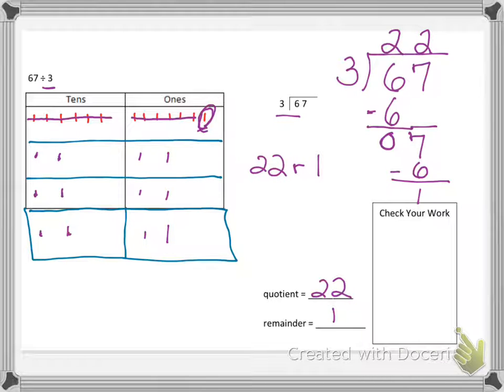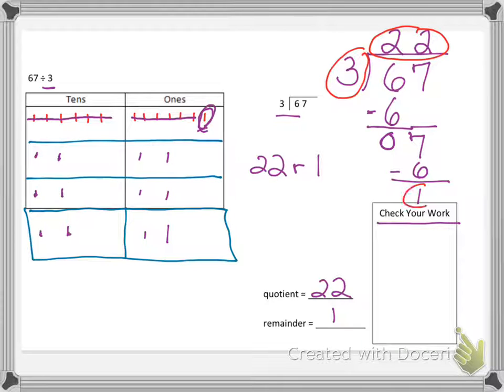All right, so how do we check our work to see if we did it right? We should always be checking our work after a division problem, and we should never get them wrong, because we're checking our work. We're going to do the inverse operation, which is multiplication. We would multiply this number and this number.